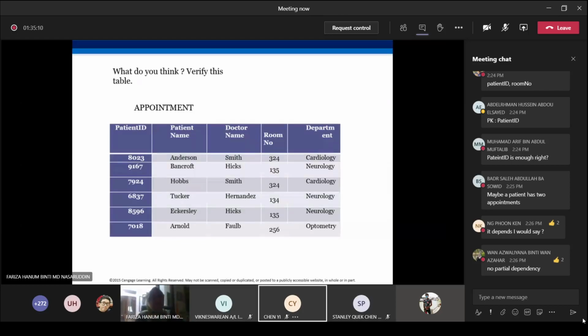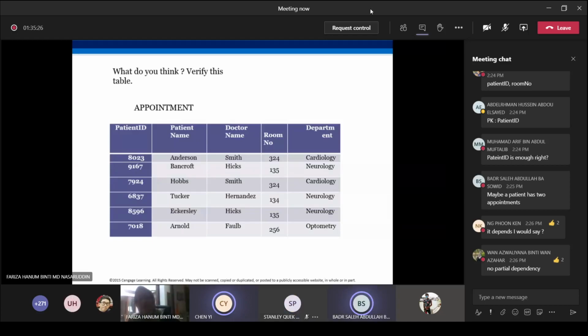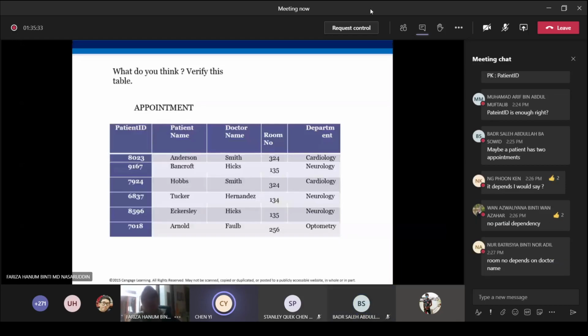Okay, but are there any transitive dependencies? Which attributes are dependent on which non-key attribute? In my opinion, room number and department depend on doctor name. If you look at this data, the room number and the department are determined by the doctor name.